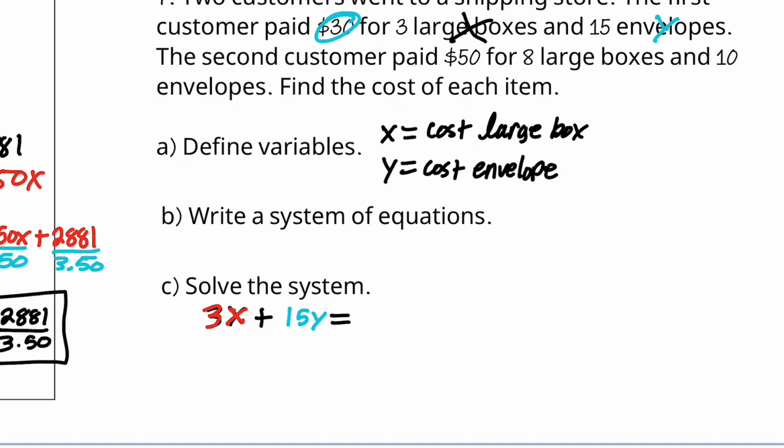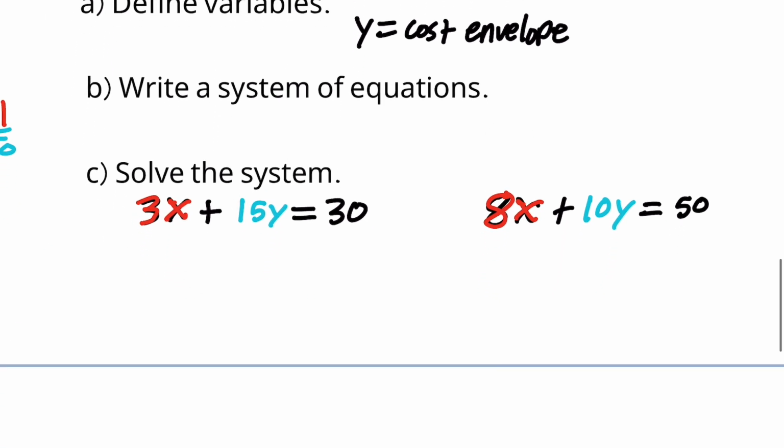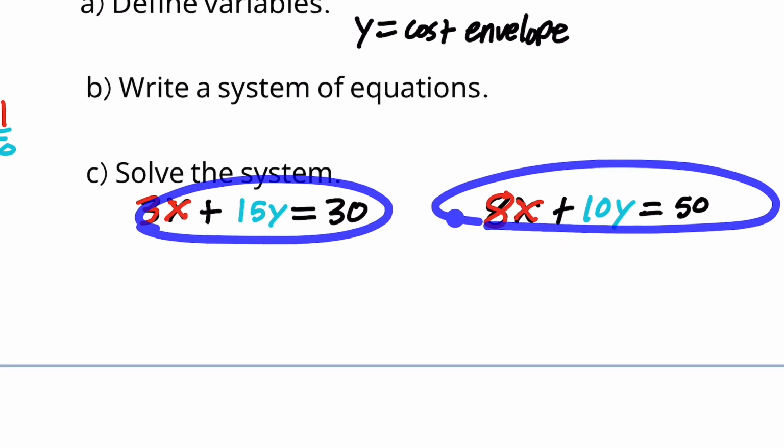And there's my first equation. My second equation is 8 large boxes, so 8x plus 10y. That cost us $50. Okay, now let's solve these so we can figure out what the costs are.